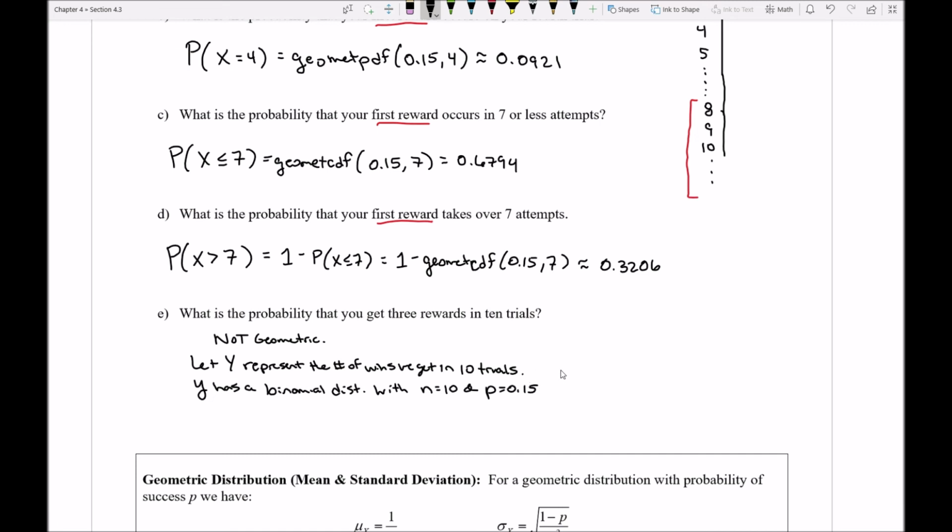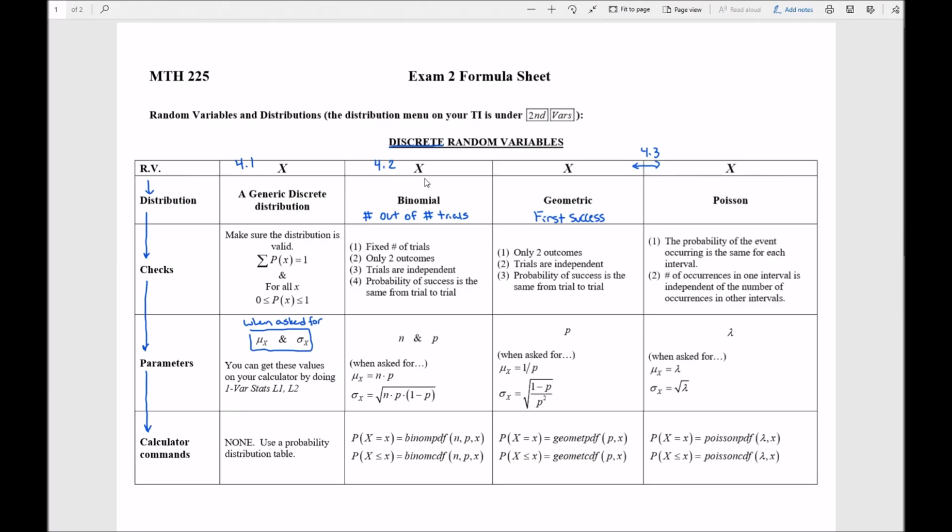Notice I'm just following exactly what the formula sheet would require. I'm thinking about what the random variable is, what distribution it has, checking to make sure, writing down my parameters, and now thinking about the calculator command I need.